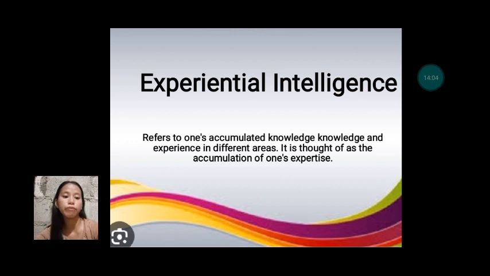Since this type of intelligence can be accumulated, people who are exposed to stimulating environments have an intellectual advantage over those who are exposed to less stimulating environments. If we want to follow through the computer analogy, we would think of this as the different programs that we can run.